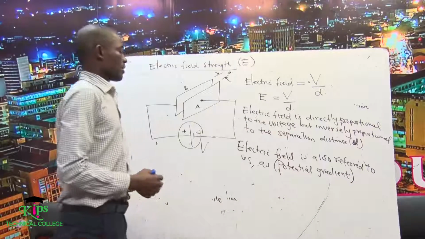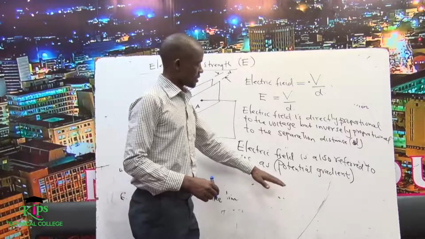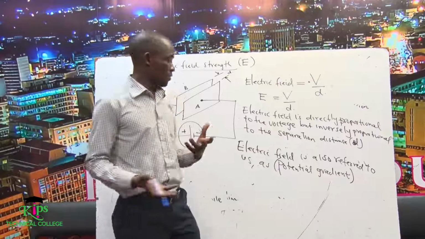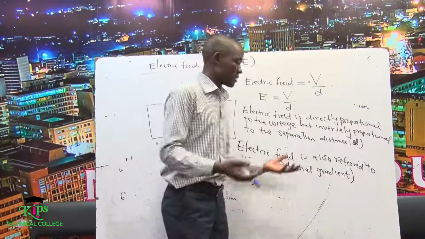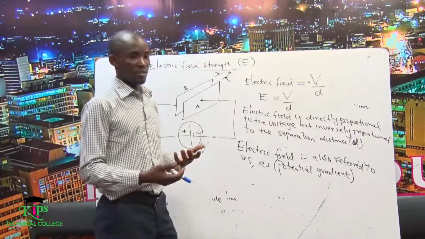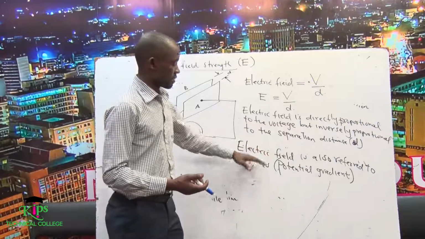So if you come across the word potential gradient, it is the same as the electric field. An examiner can either give you potential gradient is 20, or electric field is 20. Let it not confuse you, because they mean the same thing.